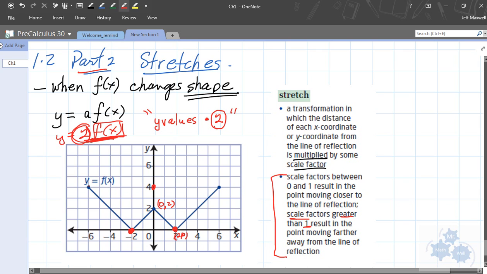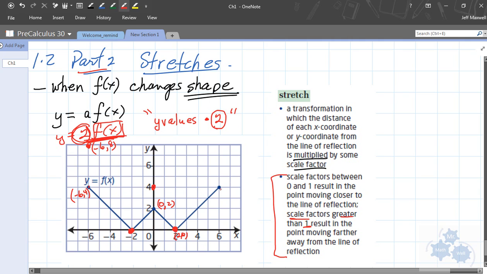Now what about this one over here? This blue point here is the point (-6, 4). So what does this point become? (-6, 8). Absolutely. So I am doubling the y values.